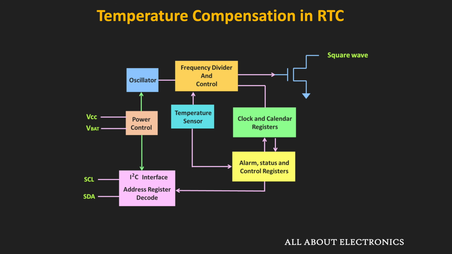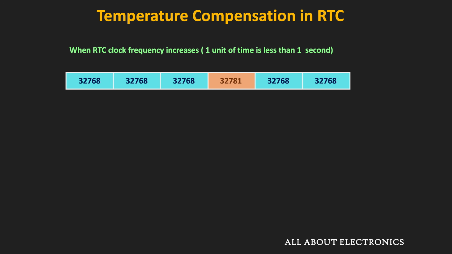On the other hand, in the frequency divider block, if it is possible to change the prescaler to different values, then by adjusting the prescaler value in between, it is also possible to fix the timing of the RTC because of the change in the temperature. For example, let's say because of the change in the temperature, the clock frequency of the crystal increases and becomes 32.7712 kHz.